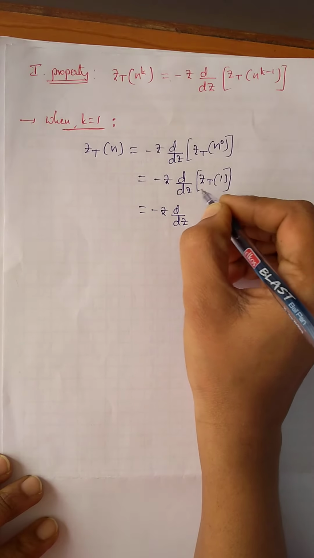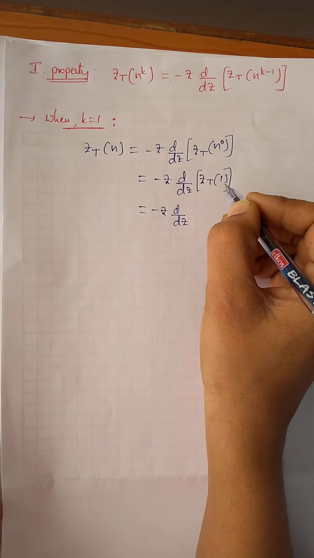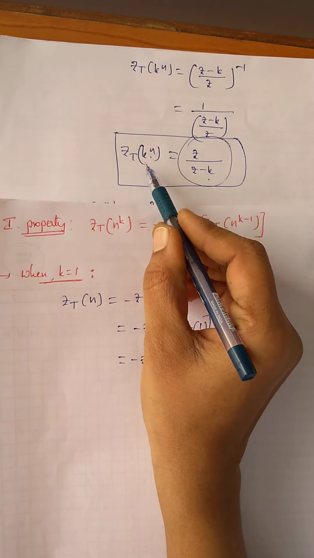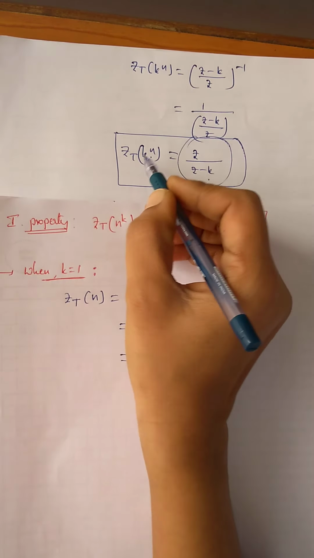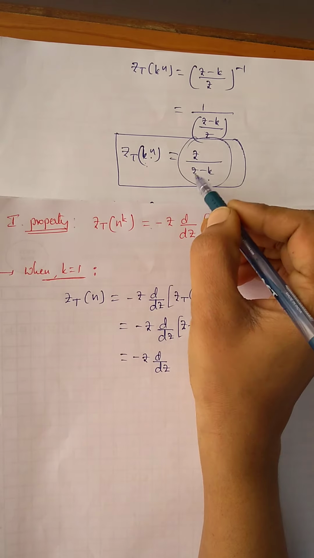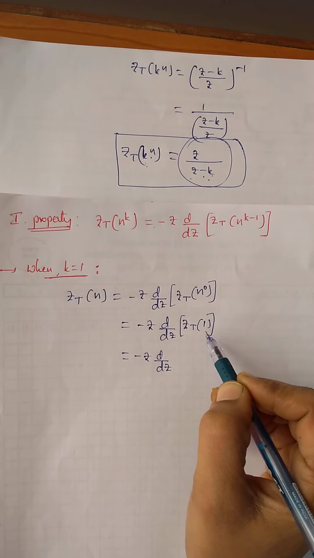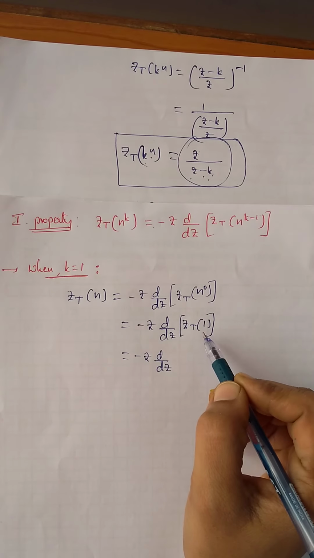Next we have to substitute Z transform of 1. In the last video I had explained Z transformation of k to the power of n. The formula is what? Z by z minus k. Here we have Z transform of 1.